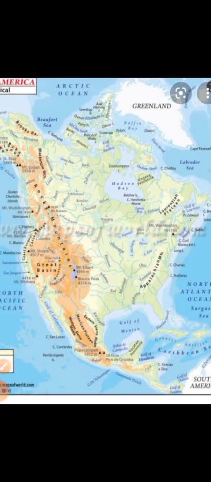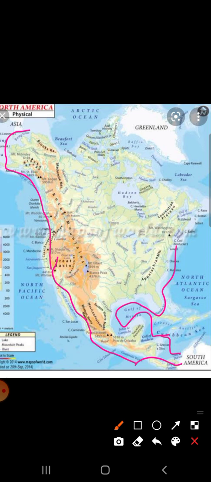You can see North America has quite a long and indented coastline, children. Only up near Panama it does not have any.